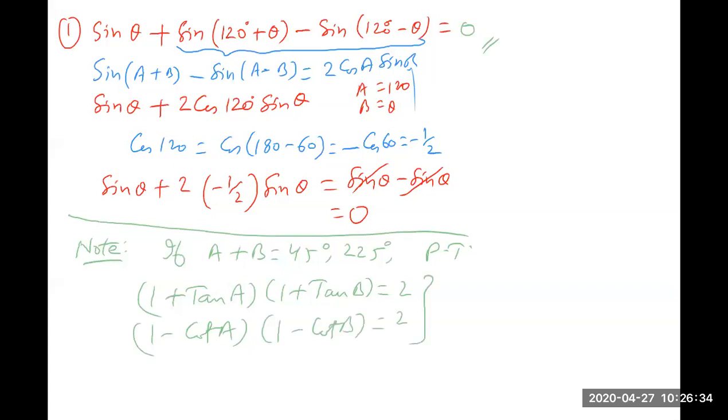These two results are known as conditional results. That means the condition is a plus b must be either 45 or 225.